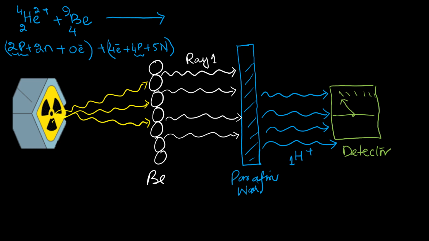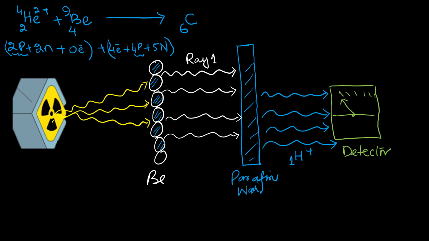And you know that in the periodic table there is a specific element which has atomic number 6, which means that when alpha particles are incident on beryllium, beryllium is converted into carbon. So now the atomic mass of carbon is 12.